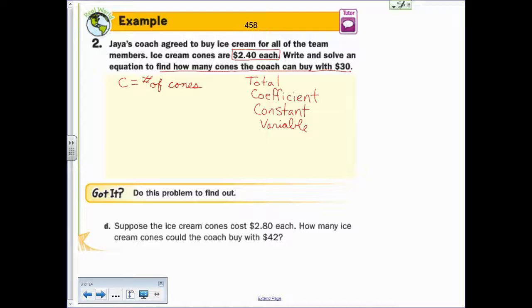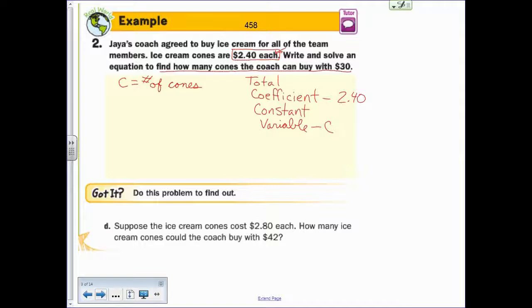It says the cones are $2.40 each, or $2.40 per cone. Whenever you see the words each or per following a number, chances are that number is a coefficient. So our variable here is C, and our coefficient is $2.40.